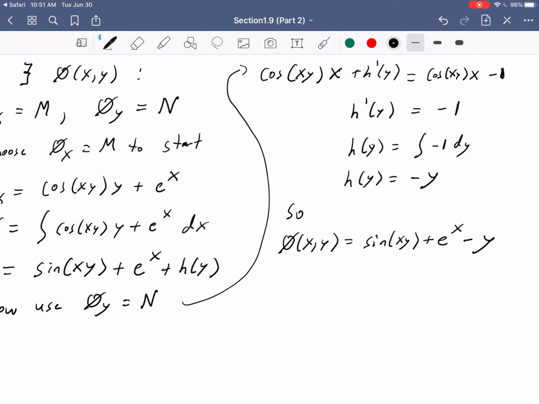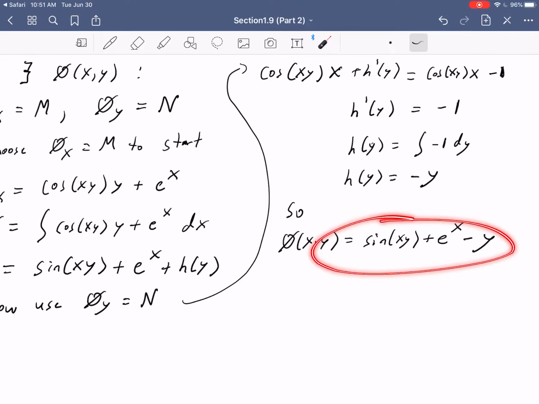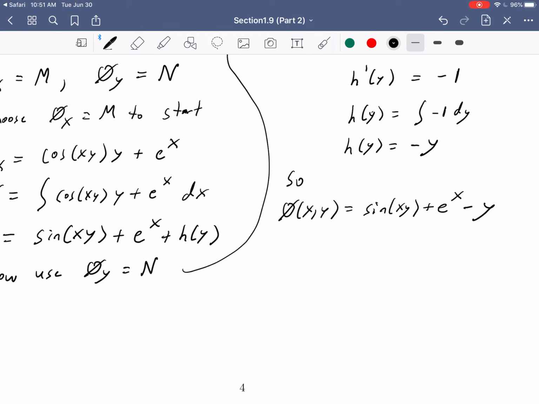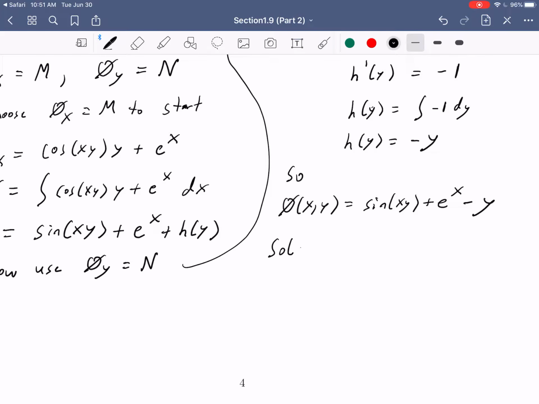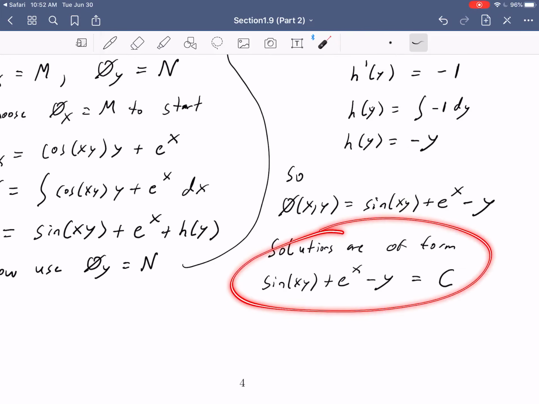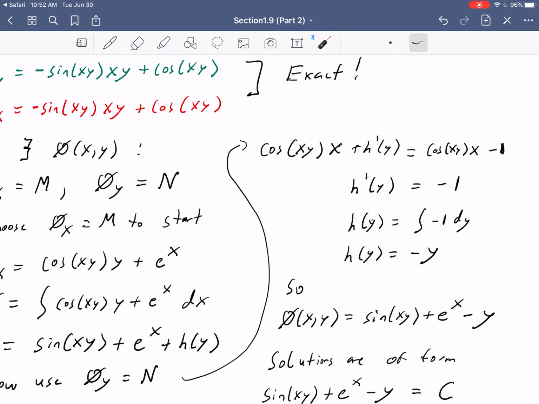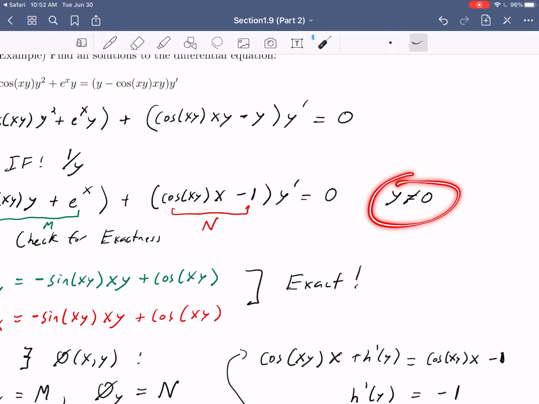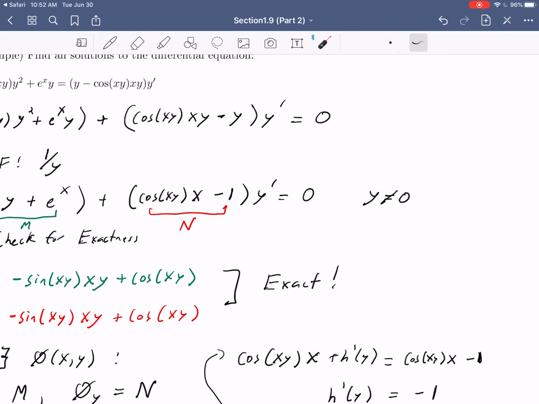So this tells us phi of x, y is actually equal to sine xy plus e to the x minus y. And if we look at that, that means our solutions are of the form sine xy plus e to the x minus y equals a constant. You'll notice that I'm being careful about not saying the general solution, because we have to go back and check something. If we do a quick check, y equals 0.